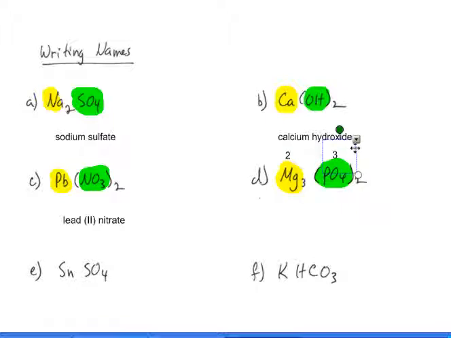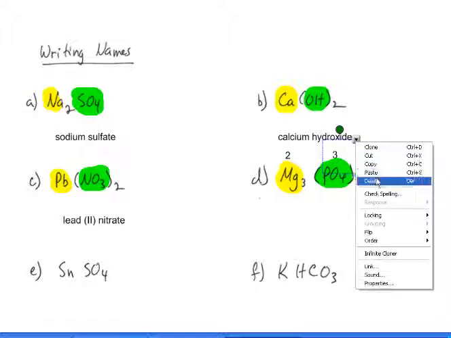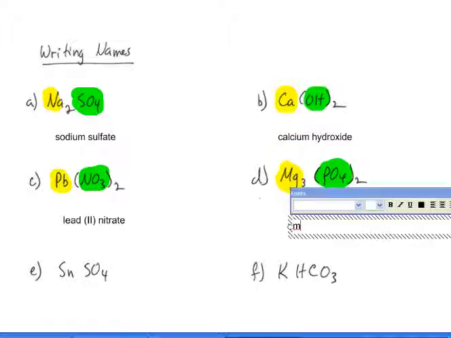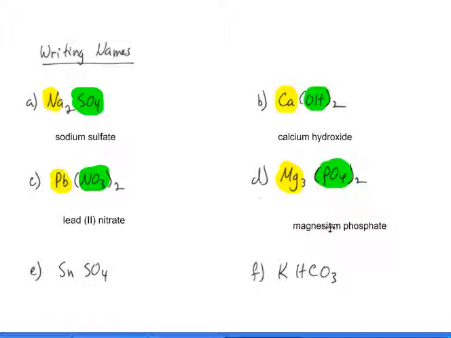So you can do that to figure out what the subscripts are. But you know what? When you're just simply naming, you don't even have to worry about that. Just identify the ions that you're using, and then that's it. Magnesium phosphate.